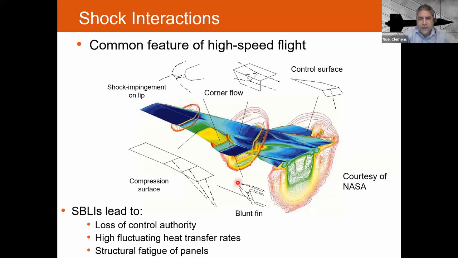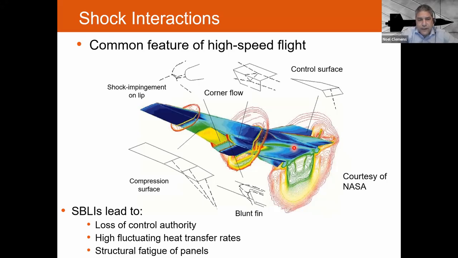On the sides here, you have what looks like a blunt fin interaction. On the control surfaces, such as the flaps or ailerons, you're going to have what looks like compression ramp interactions. Of course, all these interactions are 3D and fairly complex. But the problem with them is that the separation will lead to loss of control authority.